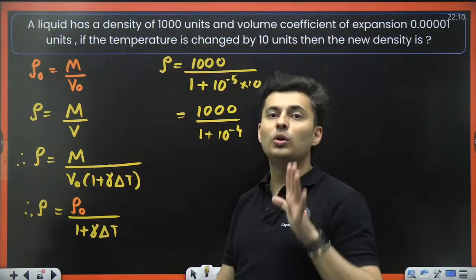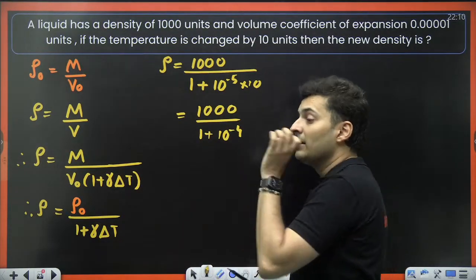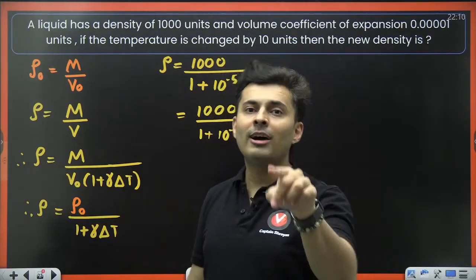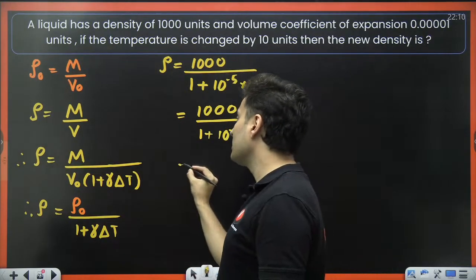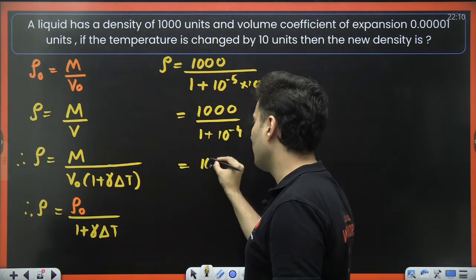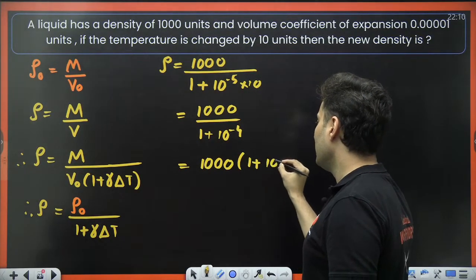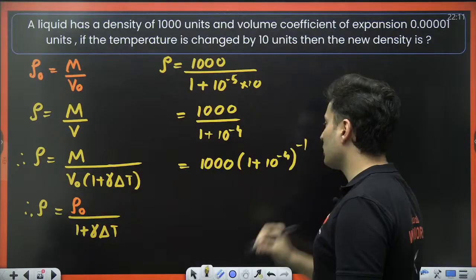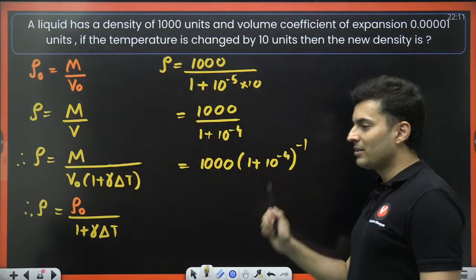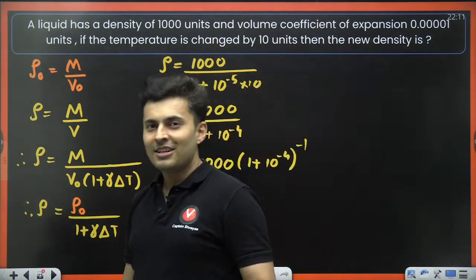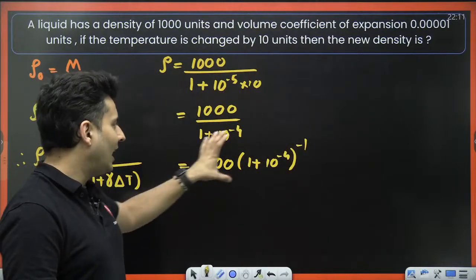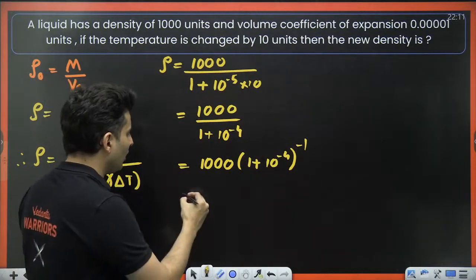So what you need to do, you should understand this is 1 plus small number form, which is binomial approximation form. So bring that on the top. It will become 1000 times 1 plus 10 to the power minus 4, raised to minus 1. Now it's looking like binomial raised to n, and you can use that approximation formula.